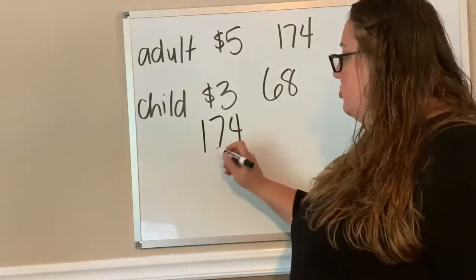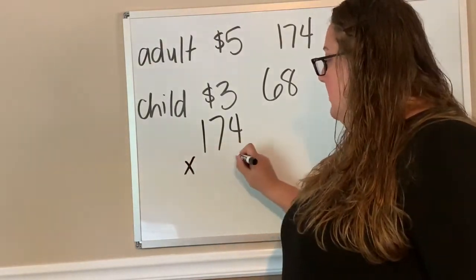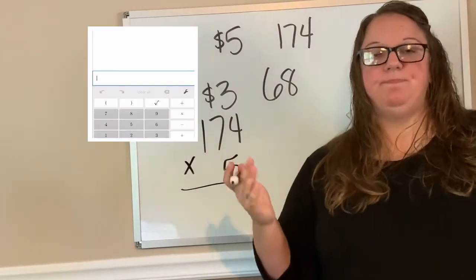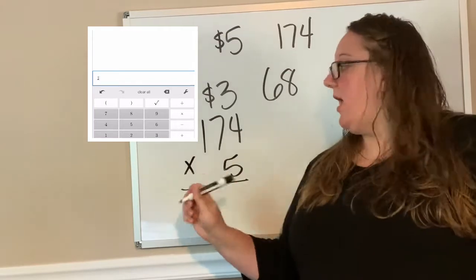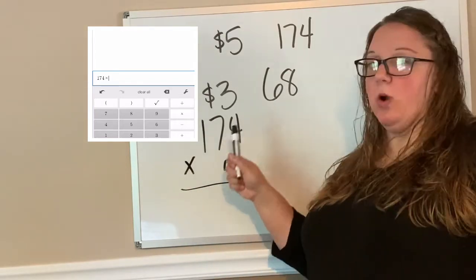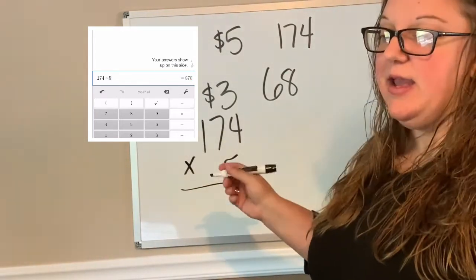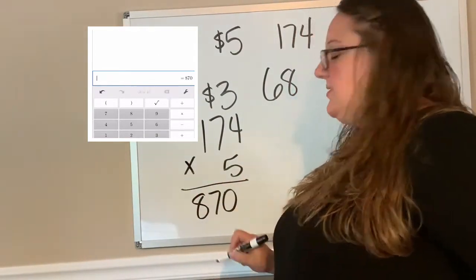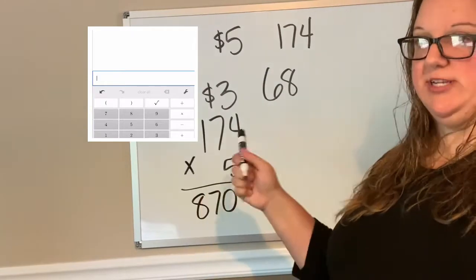So I'm going to do 174 times 5. In my calculator, I'm going to type 174 times 5, and that gives me 870. That's how much money they made so far on adult tickets.